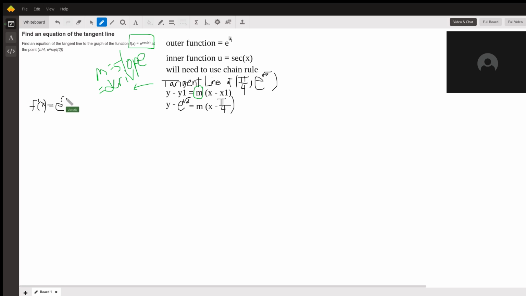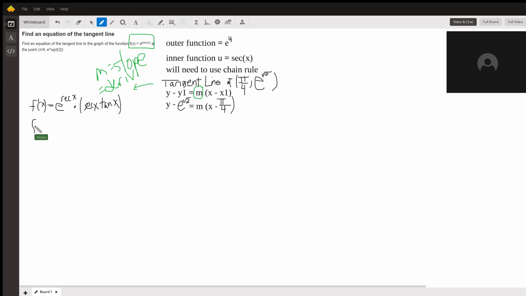This is e to the secant x. But then the chain rule says we need to multiply by the derivative of what I would call the inside function. And the derivative of secant is secant tangent. And so that's the slope at any x.